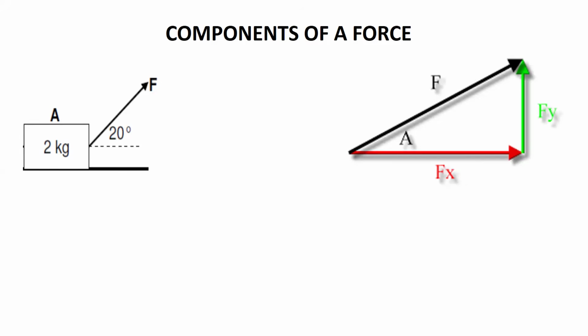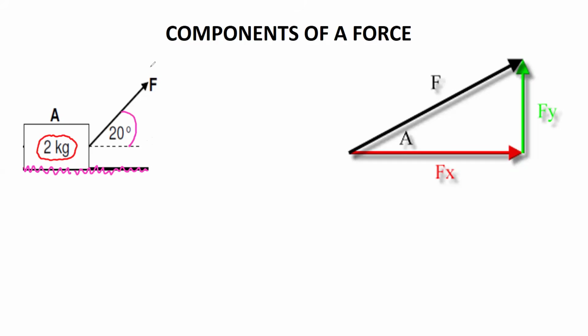Now, this is object A, whose mass is 2 kg. Object A is on a horizontal surface, and there is a force acting at an angle of 20 degrees.